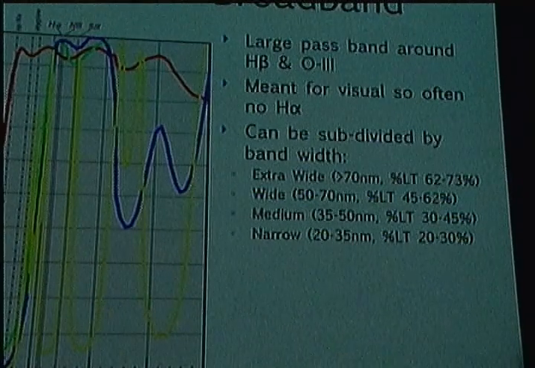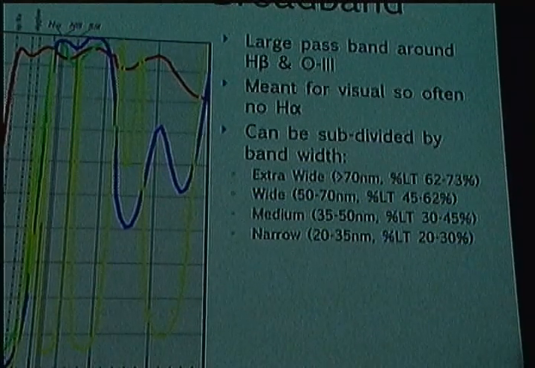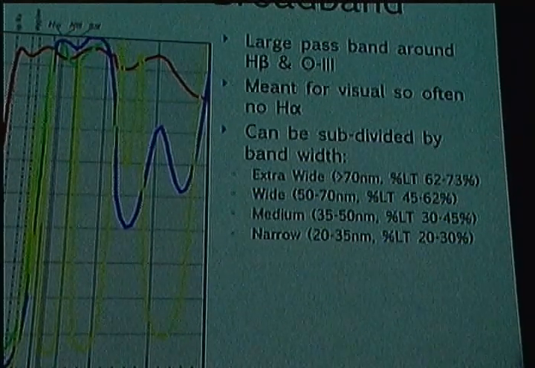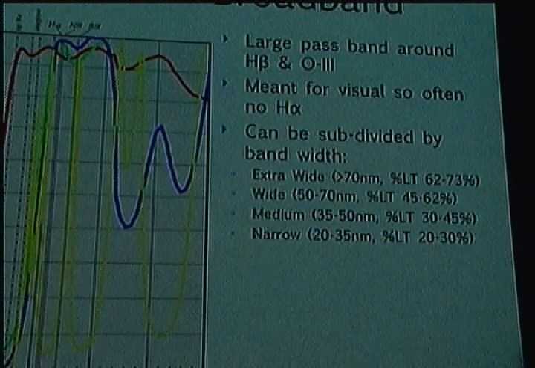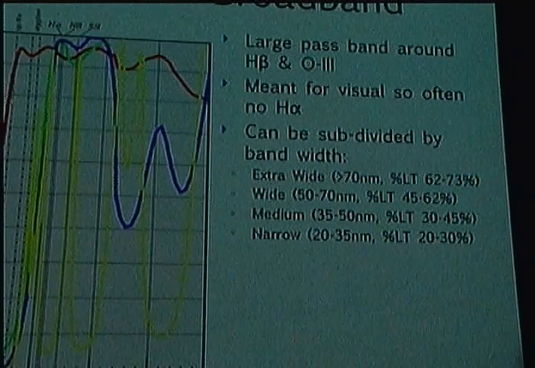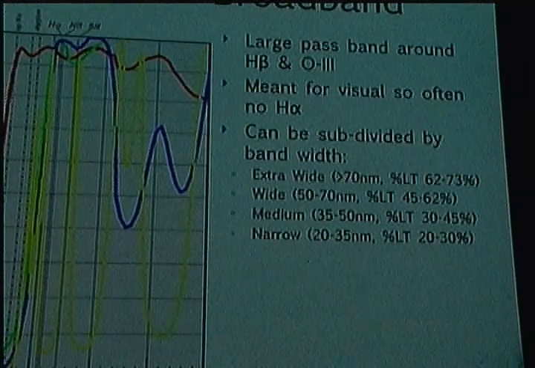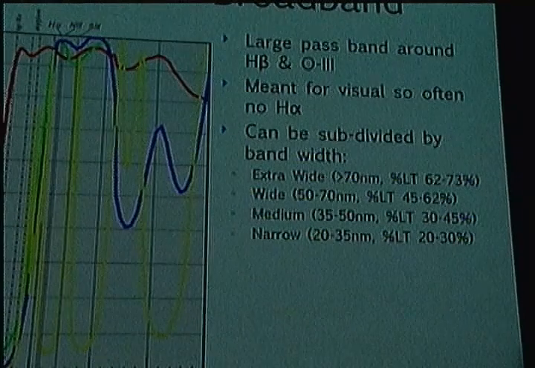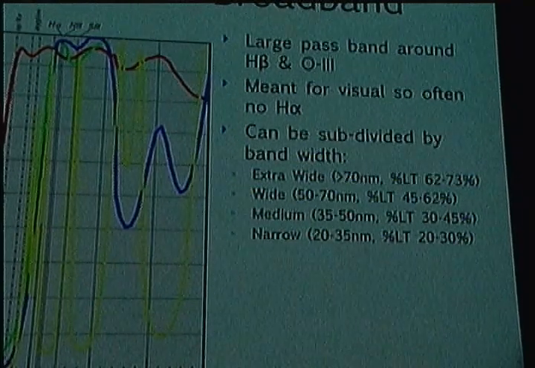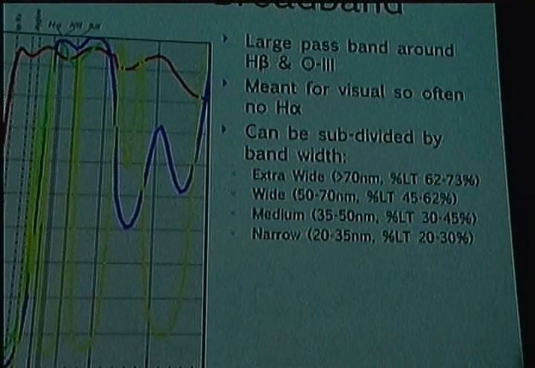So they pass a fair amount of the light that's coming through. White filters are in the 50 to 70 nanometer range and have a percent LT around 45 to 62%, so a little bit darker. Medium broadband filters are 35 to 50 nanometers wide, with percent LTs in the 30 to 45% range.